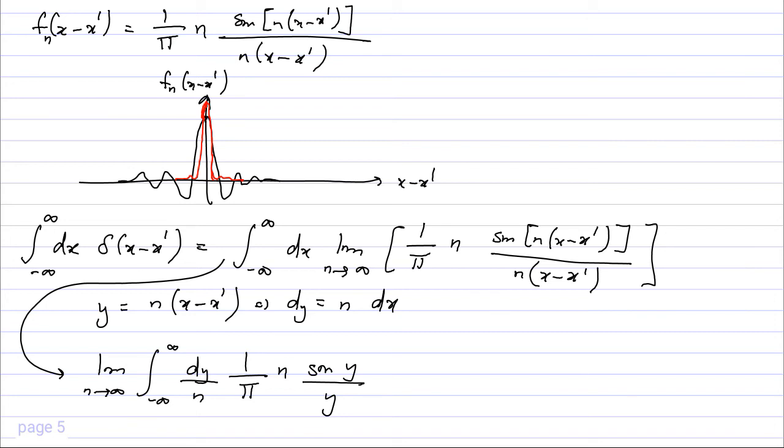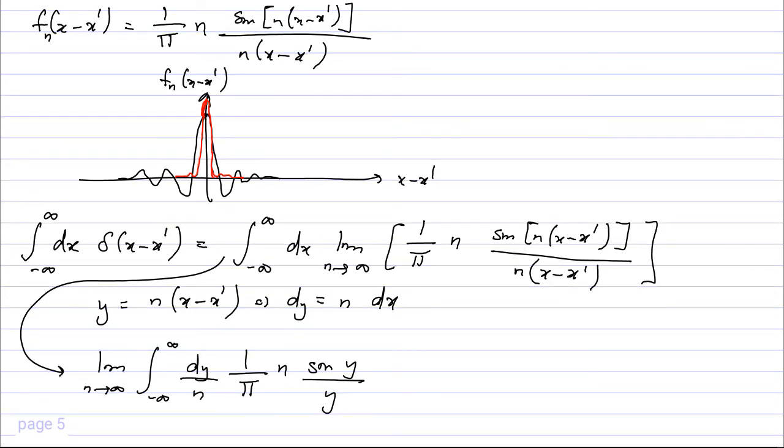So this n and n cancel, and you're left with the sine. Then essentially you don't even need to take the limit as n approaches infinity. For any value of n you get the same area, and this will be equal to the integral from minus infinity to infinity of dy over pi times sine y over y.